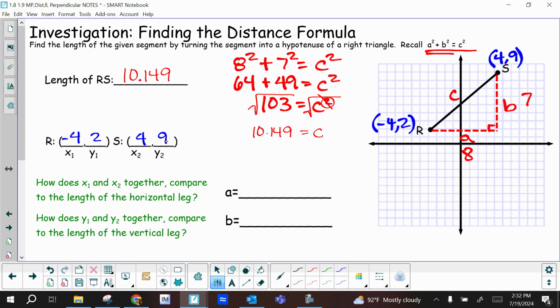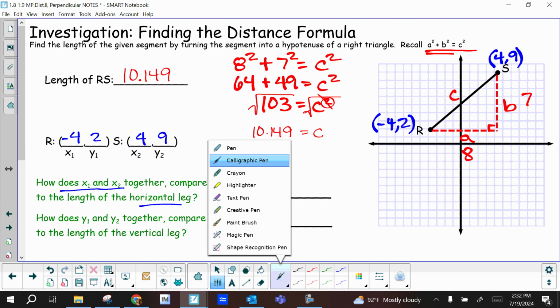Well, we used the Pythagorean theorem, which was the A, the B, and the C. So the question is how do X1 and X2 together compare to the length of the horizontal leg? The horizontal leg A, just as a reminder, was 8. And then we're going to compare the Y1, Y2 to length B, which was 7.